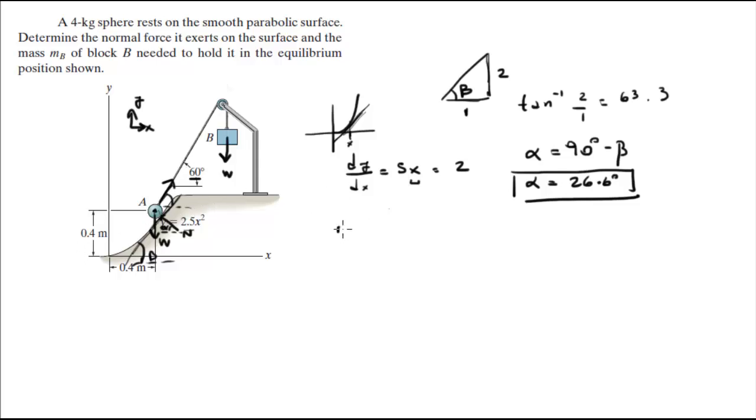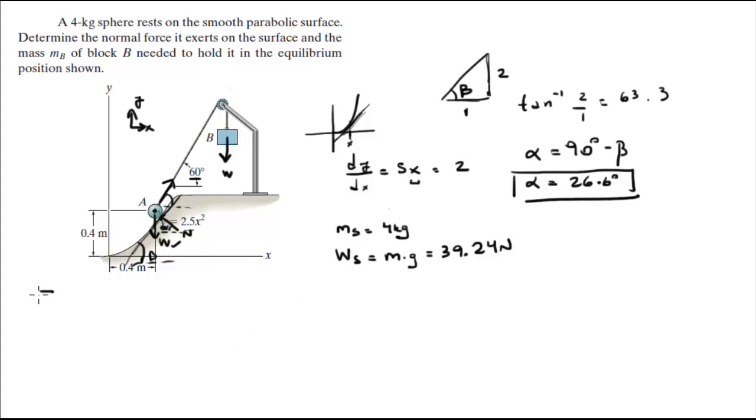So you know that the mass of the sphere is equal to 4 kilograms. Then you know that the weight of the sphere is equal to the mass times the acceleration of gravity, which comes out to be 39.24 newtons. Now that we have the weight, we need the tension and the normal that weight produces.